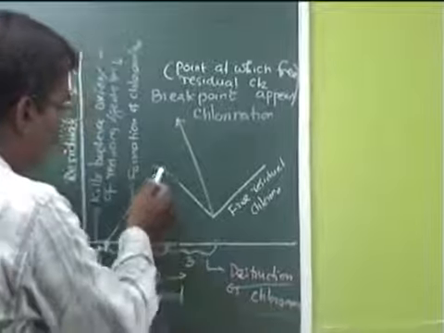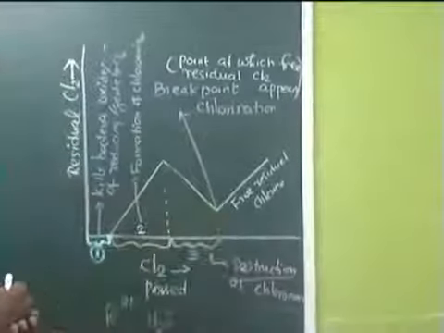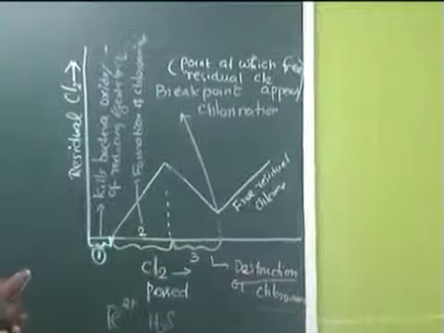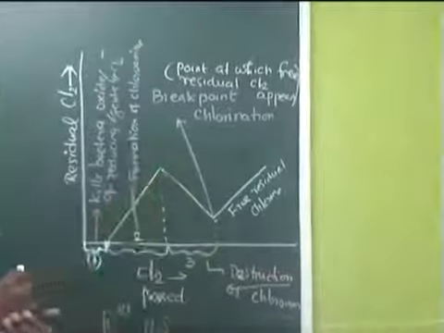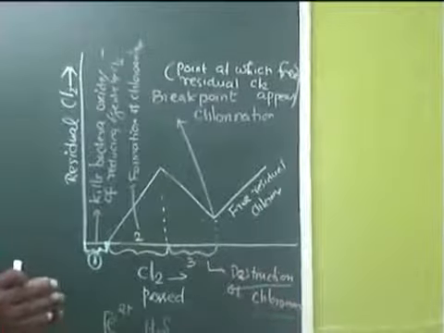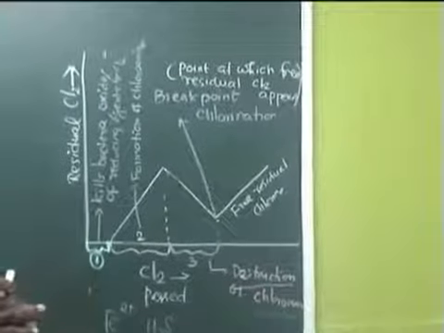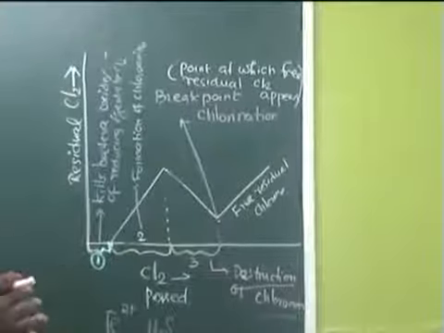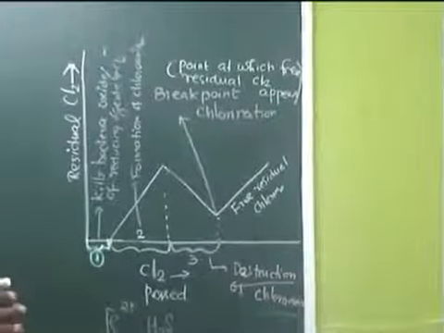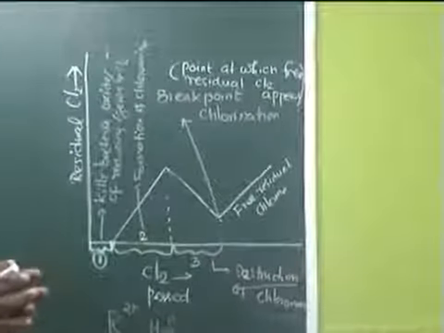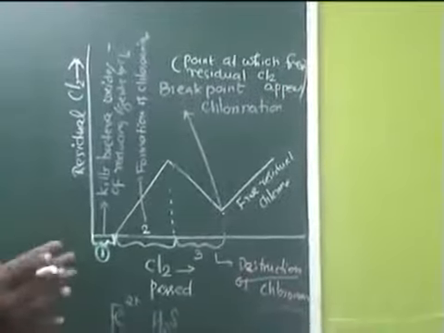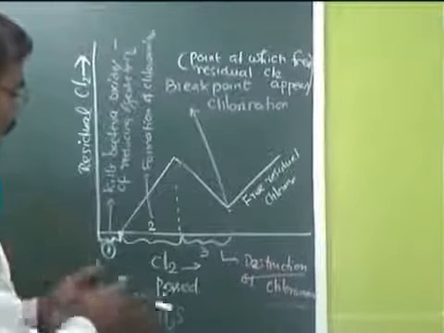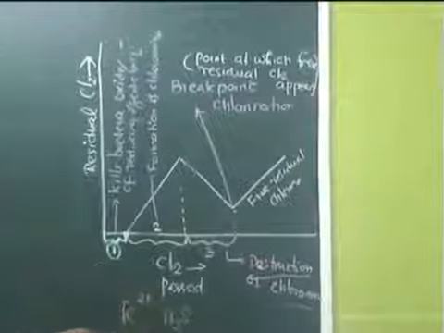So the residual chlorine content decreases and we reach a minimum point. After that there is nothing left to remove: reducible substances, bacteria, organic impurities, odor causing substances, color causing substances, toxic elements if any, all are oxidized by chlorine completely.